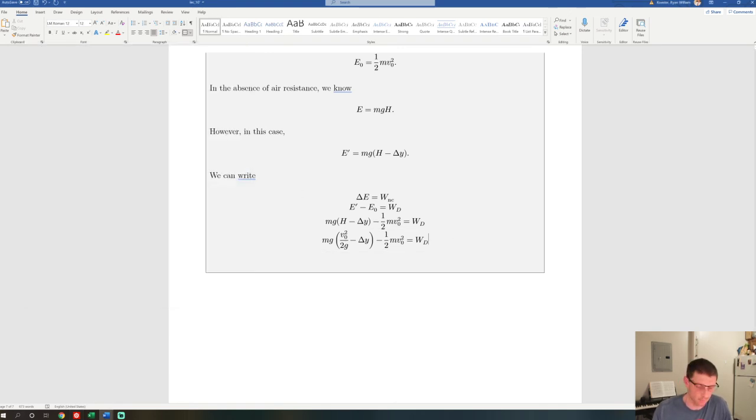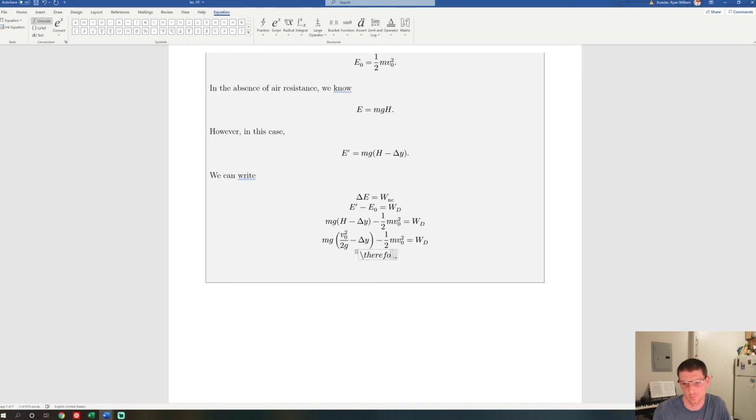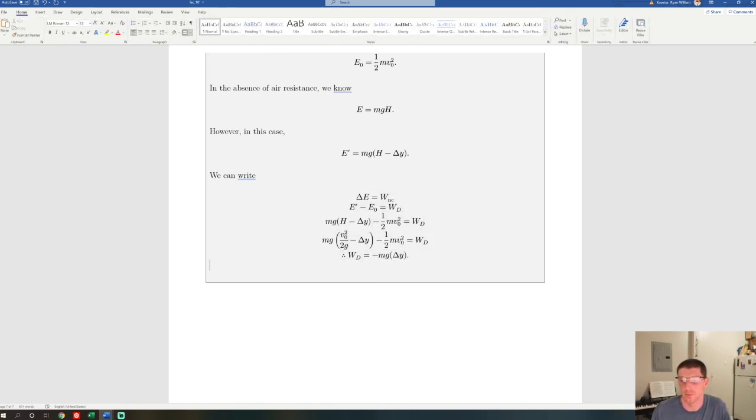And we find the work done by the drag force is just negative mg delta y in this case. And this is indeed negative, right, because the mass is positive. Our convention for g is that it is the number positive 9.81 meters per second squared, right?